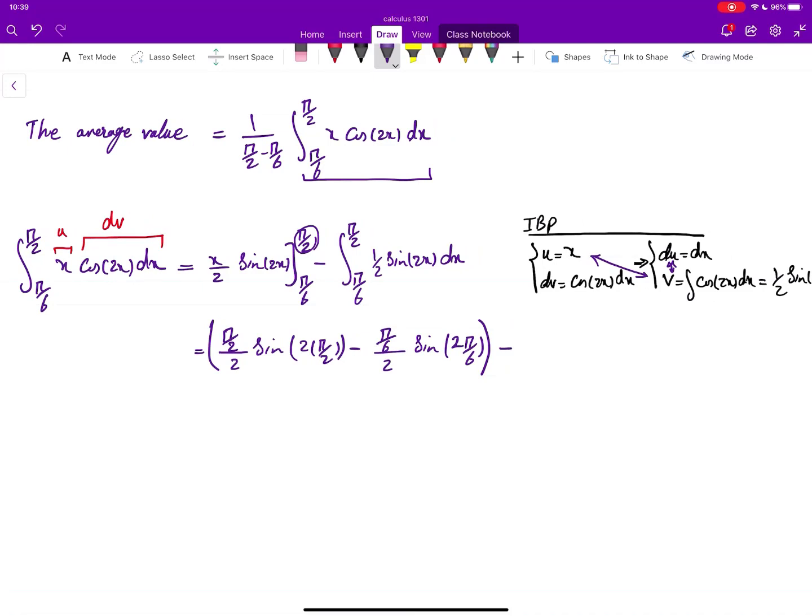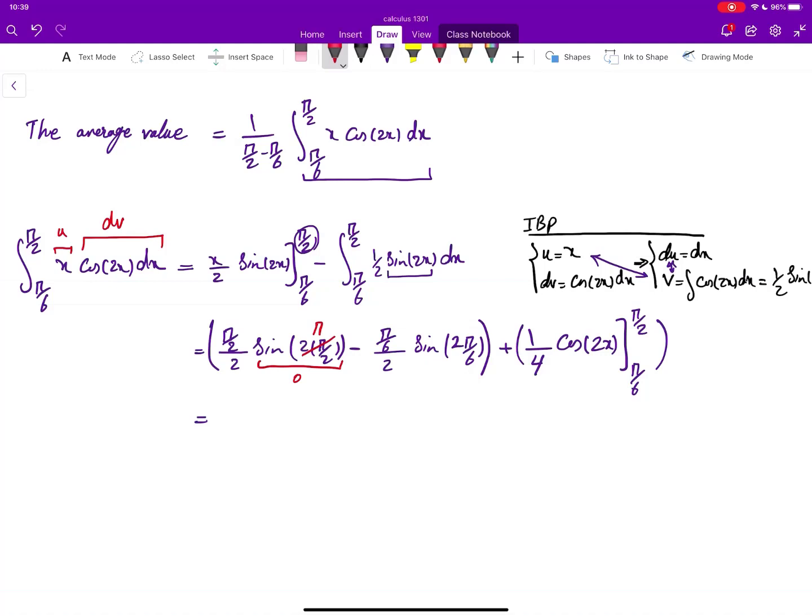Minus, well, I know that the integral of sine mx is negative 1 over m cosine mx, so this will be plus 1 over 2 that was there before. Integration of sine of 2x will give me another 2. That will be 1 over 4 cosine of 2x. And I have to go from pi over 6 to pi over 2. So as I go, I will evaluate this. This guy here will be pi. Sine of pi is 0, so that will go away.